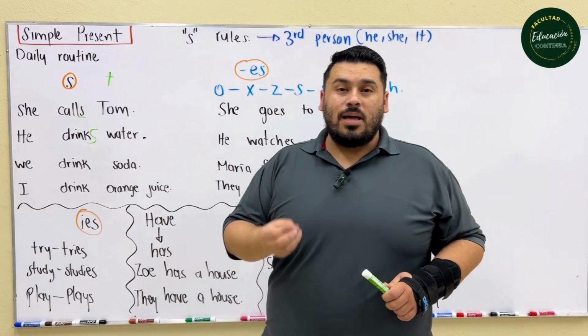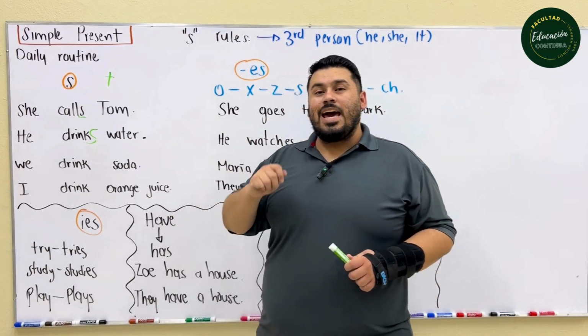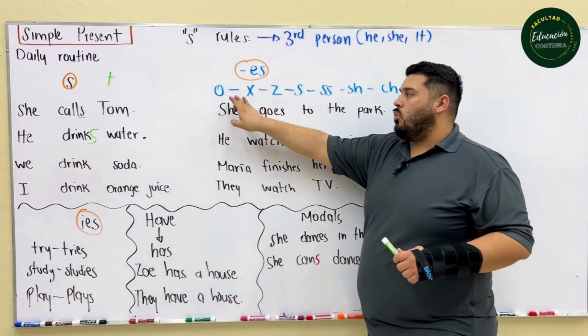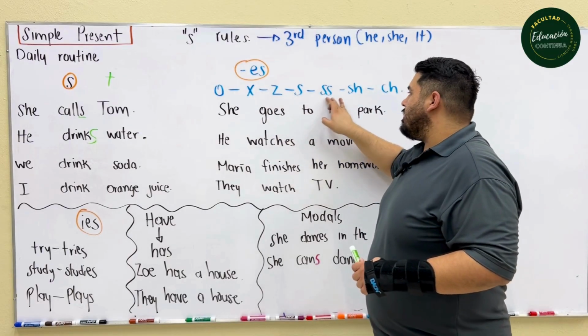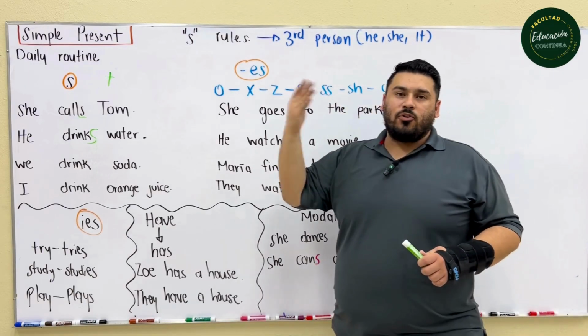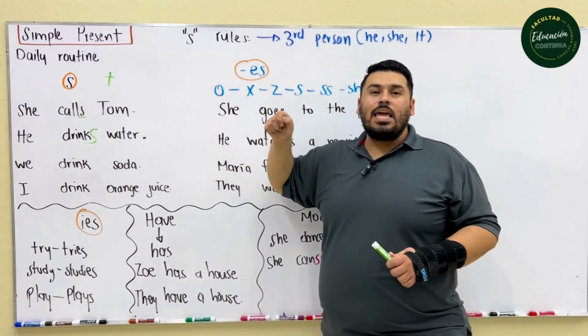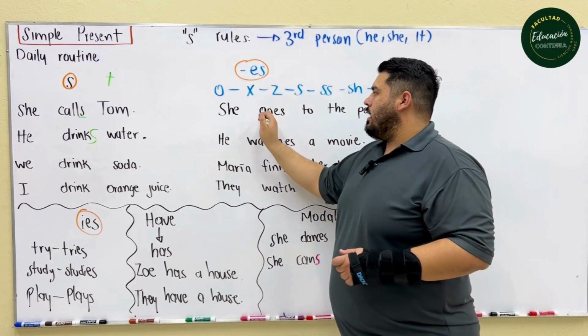But also we have exceptions. For all the verbs that end with O, X, Z, S, double S, SH, or CH, you need to write ES. For example, go.